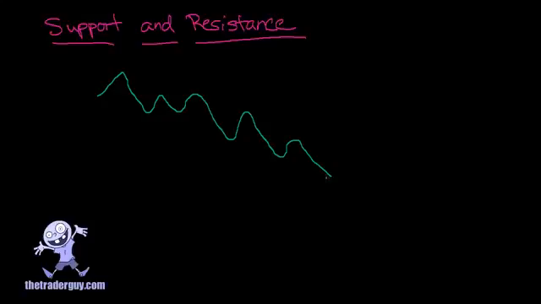In this particular chart, we have a downtrend. So we know over time that price is depreciating. But notice how on this little fake chart that I drew up here, we have areas where price reacted.